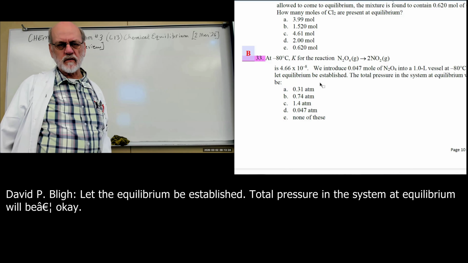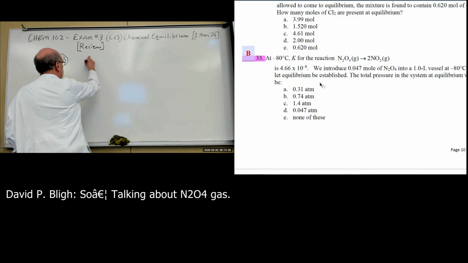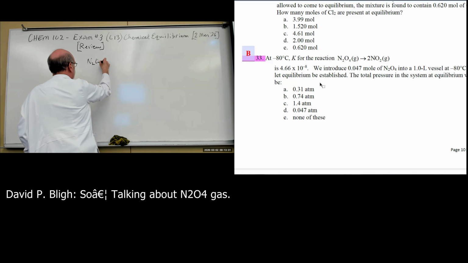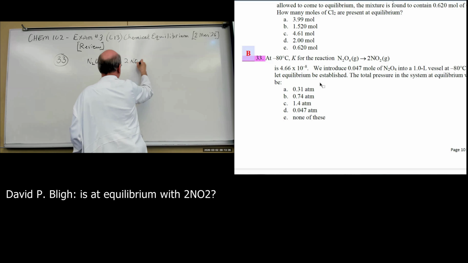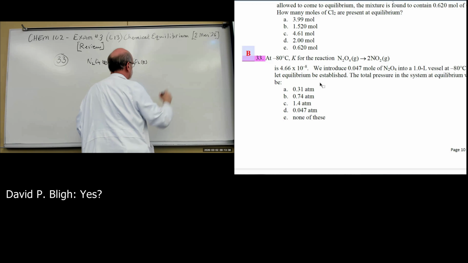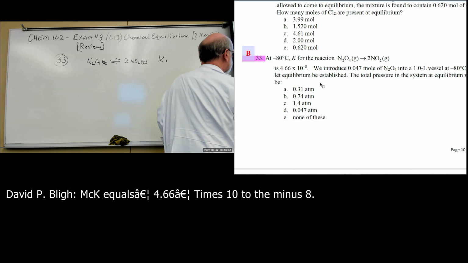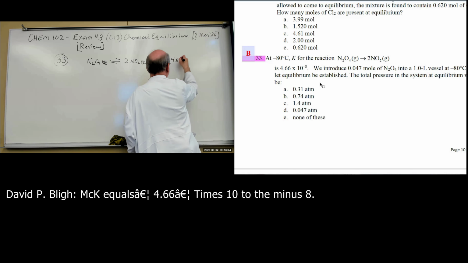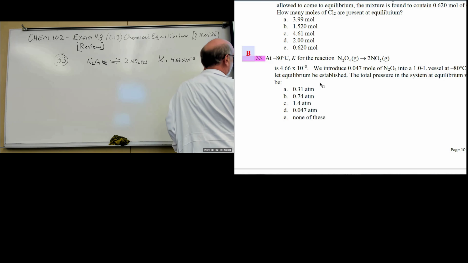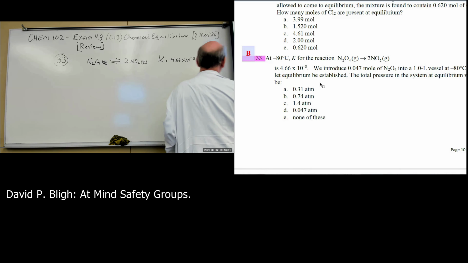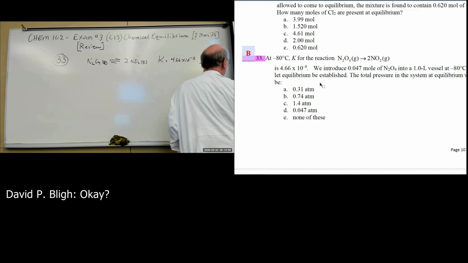The total pressure in the system at equilibrium will be... So N2O4 gas is at equilibrium with 2NO2 gas. The K equals 4.66 times 10 to the minus 8 at minus 80 degrees C.